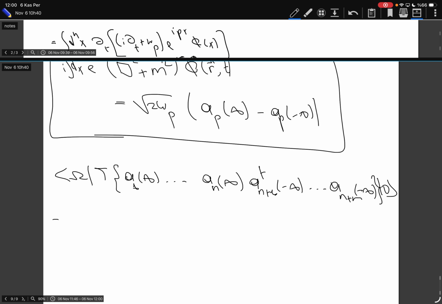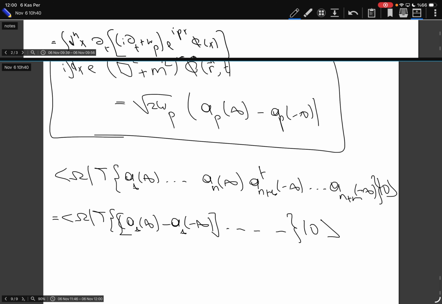Well, let me just make a small change. You see, it is under the time ordered product. The only thing I did was I replaced a1 of infinity with a1 of infinity minus a1 at minus infinity. I'm basically adding a term over there.